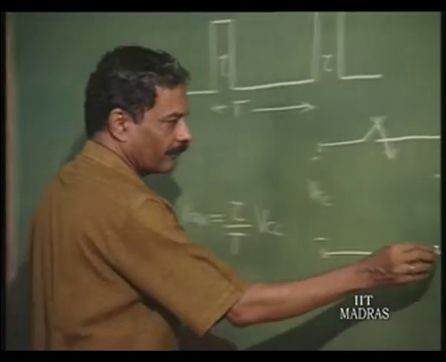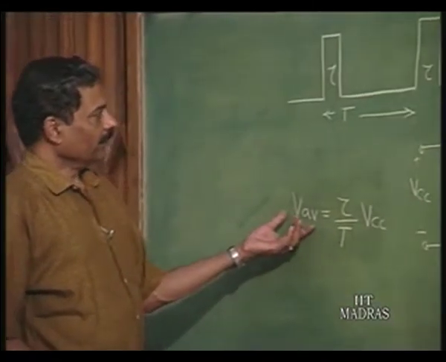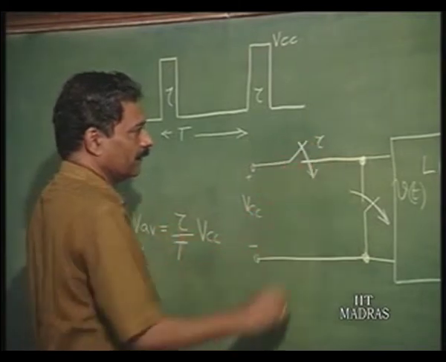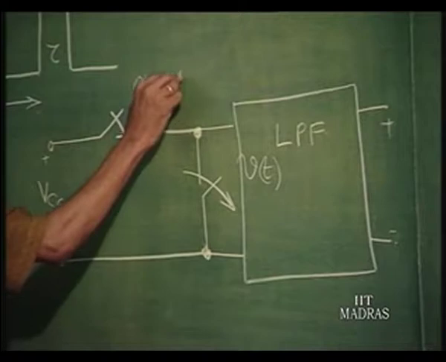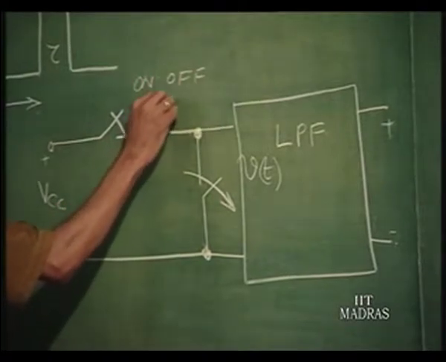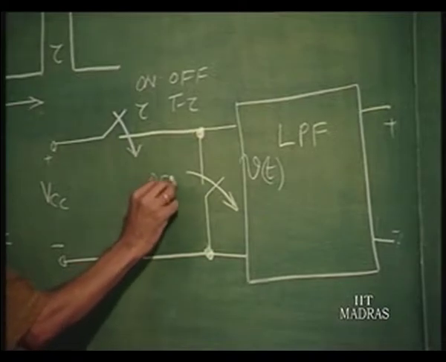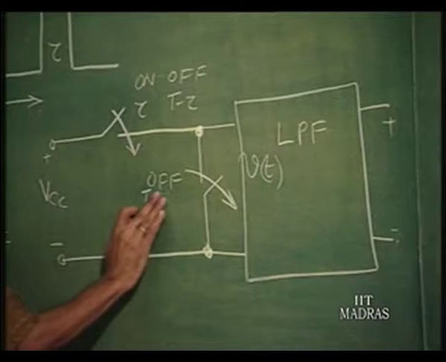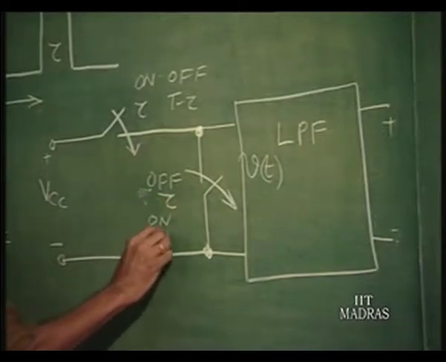So, we are able to keep this on for tau. Let us say, therefore, this is on for tau and off for a duration t minus tau, and this is going to be off for t minus tau, and that is off for tau and on for t minus tau.